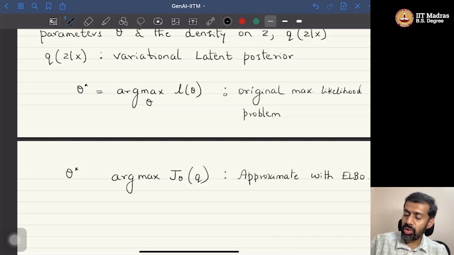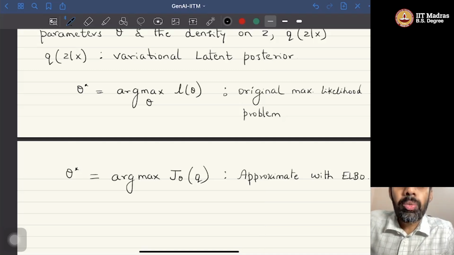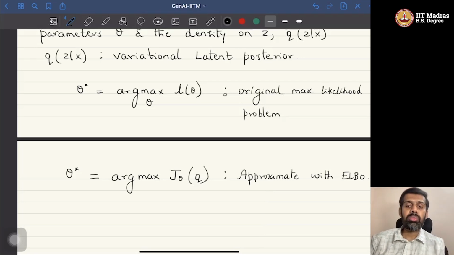So we constructed a lower bound on the log likelihood and we will solve the approximate version of the maximum likelihood problem by creating a lower bound on the log likelihood function.